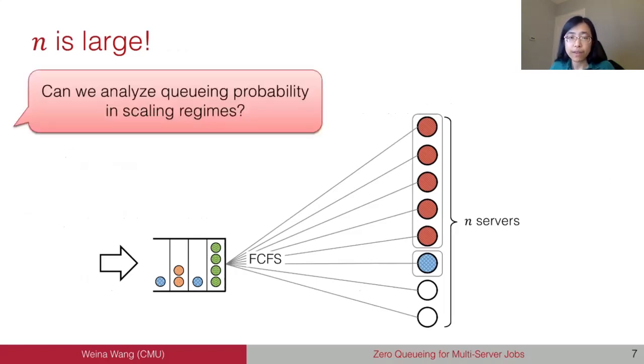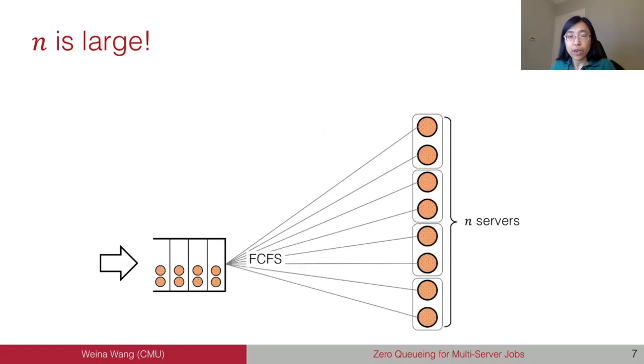Can we analyze the queuing probability in scaling regimes when N goes to infinity? The limiting behavior of the queuing probability provides a very good approximation to the original system because N is very large. And we do understand the queuing probability in some settings in the scaling regimes.